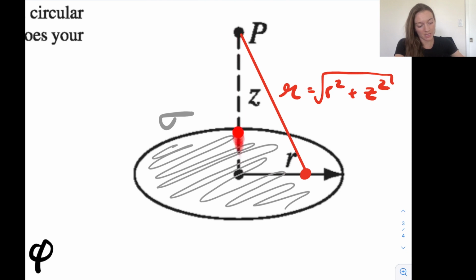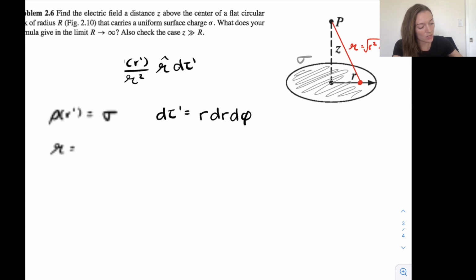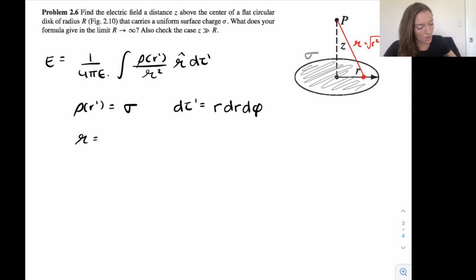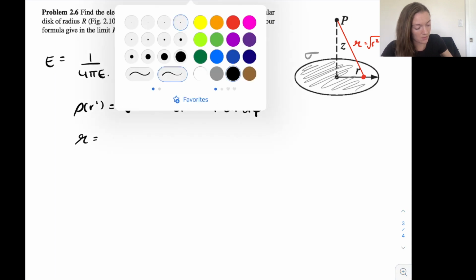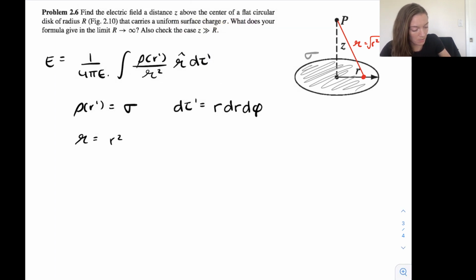And they're all the same distance z from the point where we're measuring our field. So this will be the distance for every single point, where this r now is a variable that we're going to have to integrate over. So this r changes depending on our source point. Okay, so that is our fancy r, r squared plus z squared.